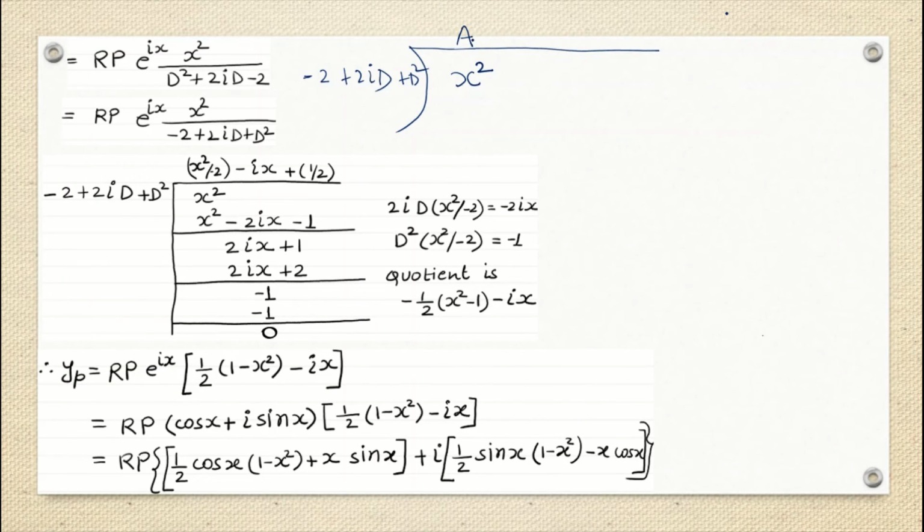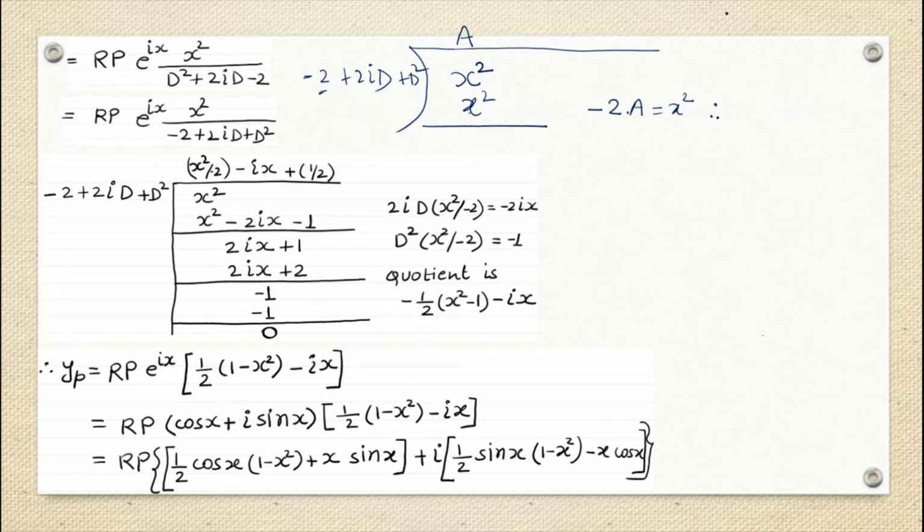So what is my a? I have to write something so that I get x square. For that I'm checking what the first step should be: minus 2 times a should give me x square.